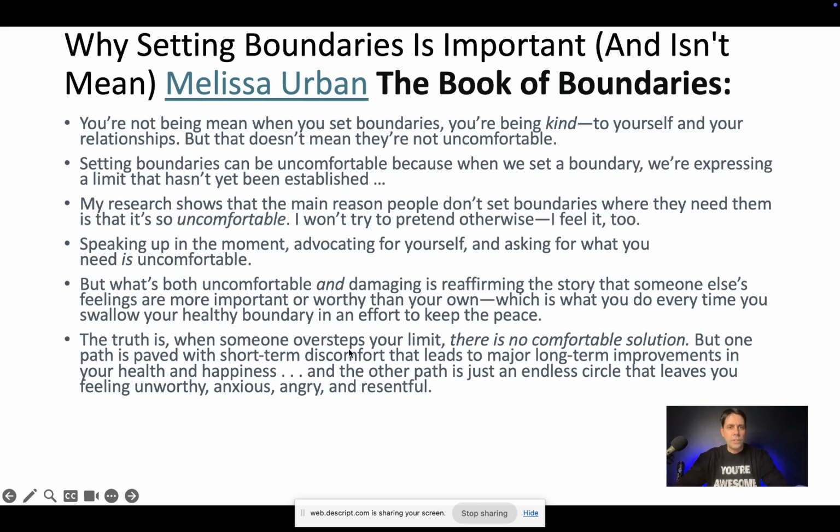The truth is, when someone oversteps your limits, there is no comfortable solution. But one path is paved with short-term discomfort that leads to major long-term improvements in your health and happiness. And the other path is just an endless circle that leaves you feeling unworthy, anxious, angry, and resentful.